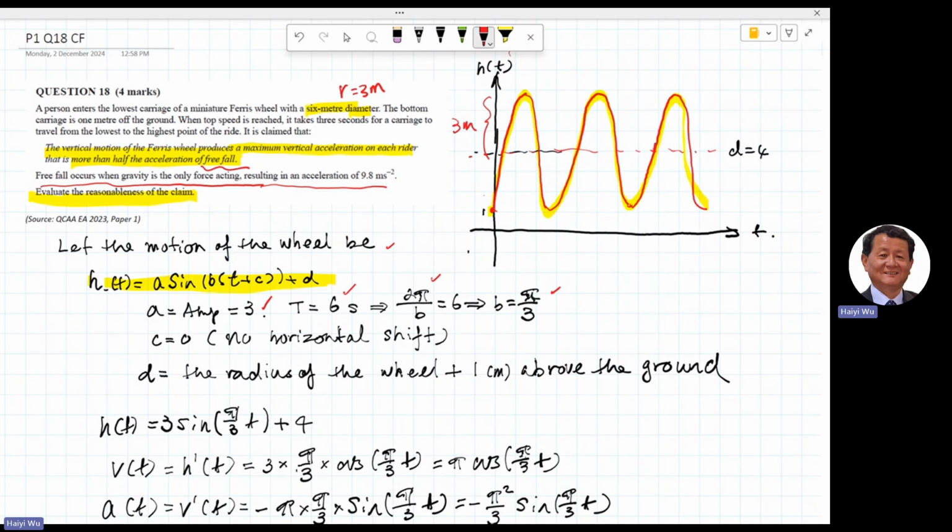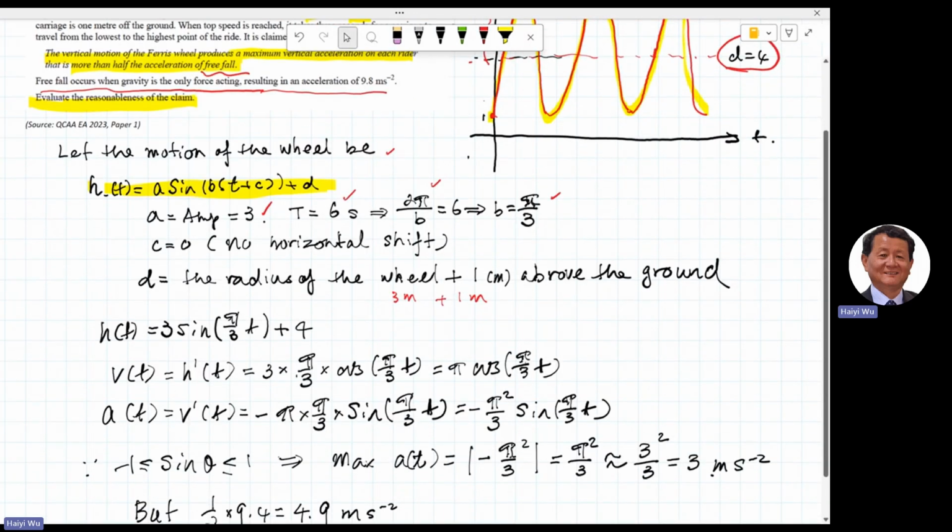However, D is the radius of the wheel, which is 3 meters, plus 1 meter above the ground. So D is 4. Therefore, I've got my function: h(t) equals 3 sine(pi over 3 t) plus 4.